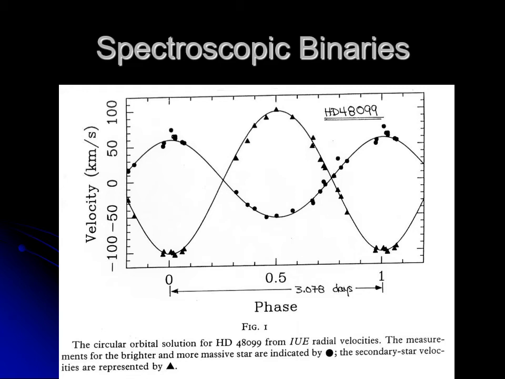So you can figure out how much one's moving compared to the other, and that tells you how much mass is in one star versus the other. Using Kepler's third law as Newton revised it allows us to find the total mass. Then you can say, one third of that mass is in one star and two thirds of the mass is in the other star, so now we know how much mass each star has.